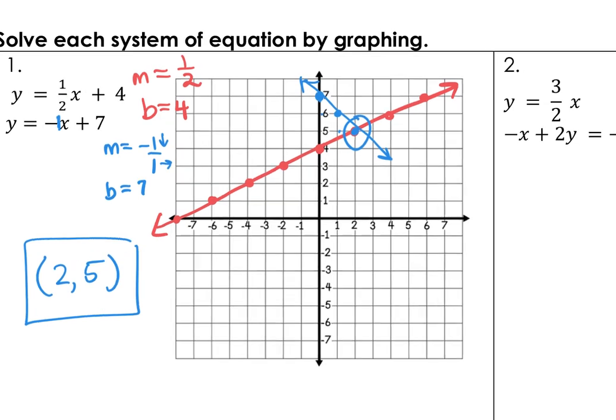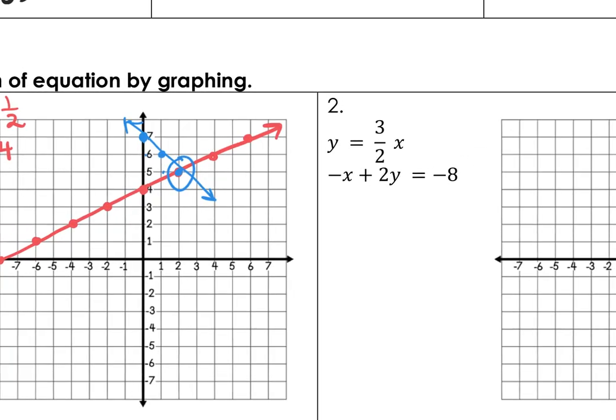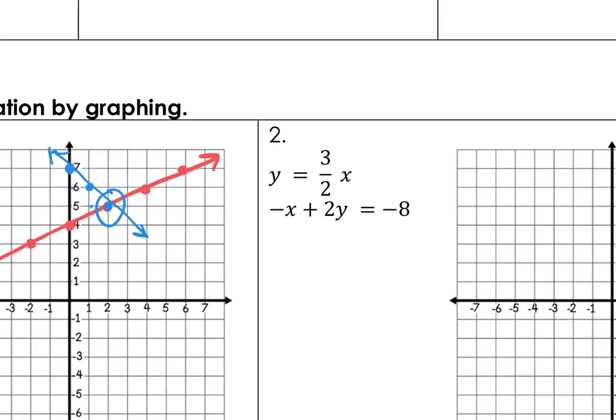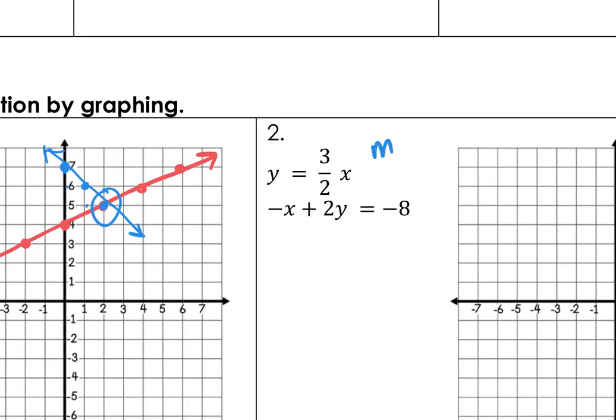Number 2. Our first equation is y equals 3/2 x. So let's label the slope and the y-intercept. M, the slope, is 3 over 2. And what is the b if there is no plus b? 0.